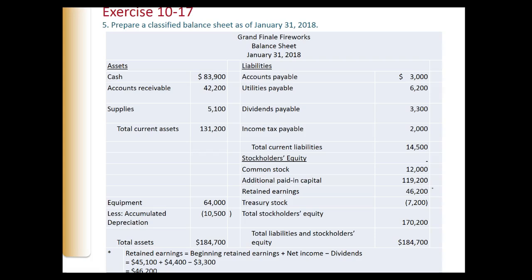Once again, if we purchase stock from another company, that would be an asset, an investment. But when we purchase our own company stock, it is not an asset. It is part of stockholders' equity, and it is a reduction because we are buying it back.